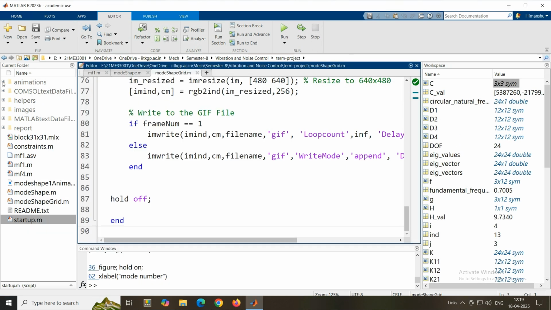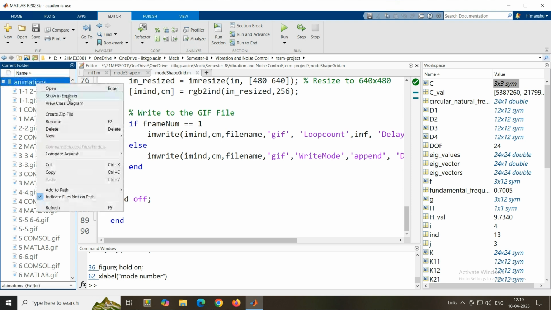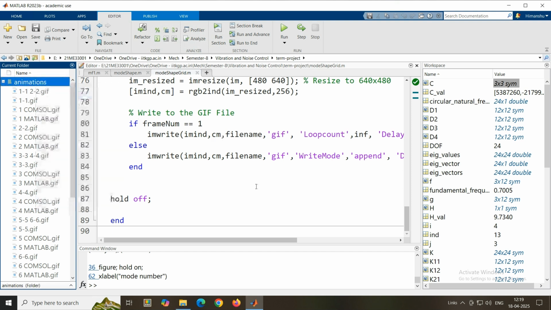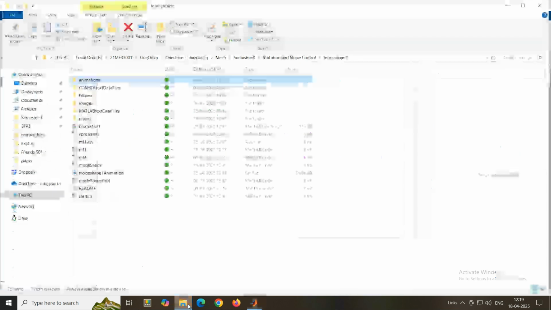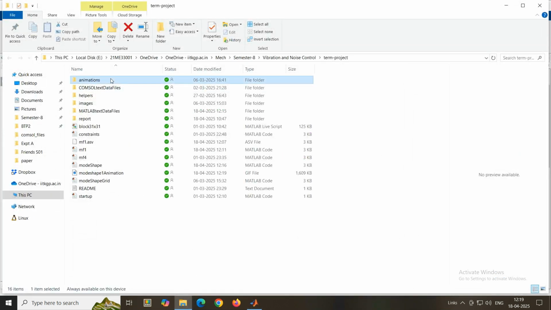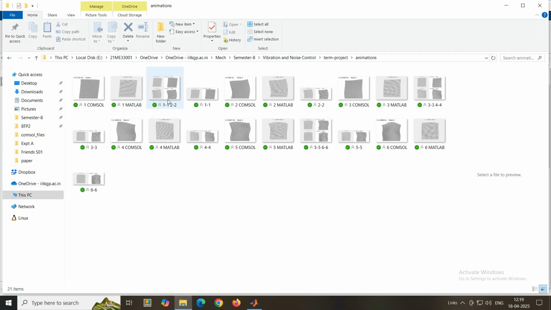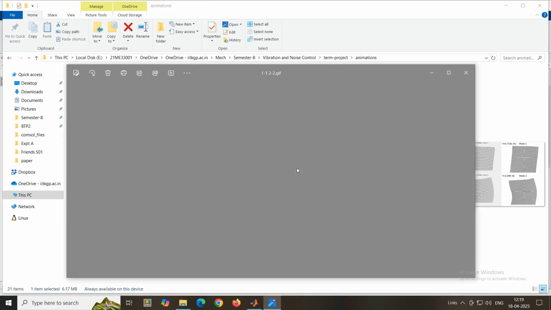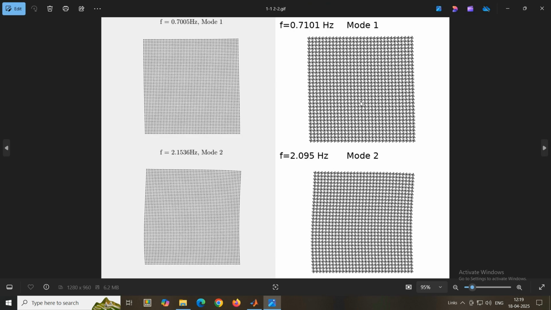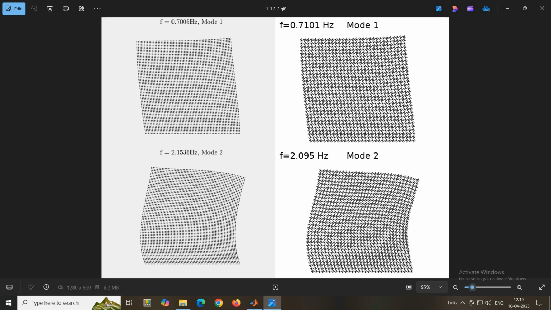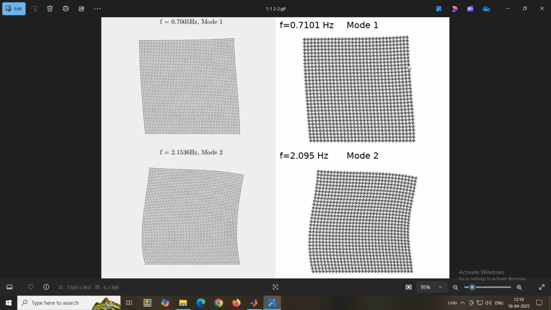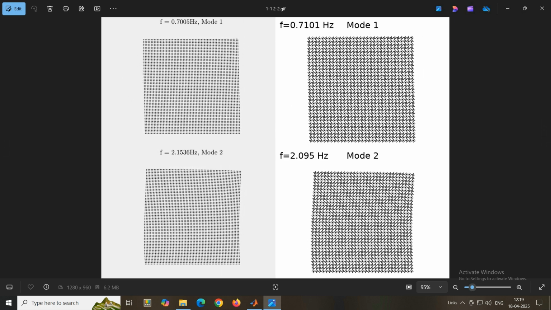I'll show all the animations. This is the first and second mode shape. The left-hand side is for MATLAB, and the right figures are from COMSOL.